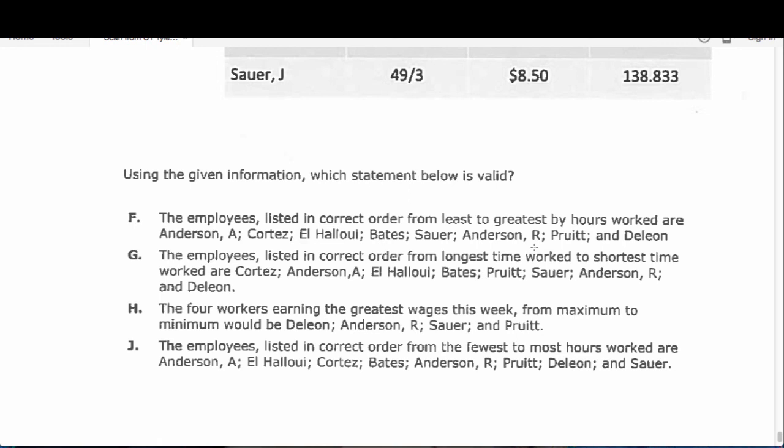H. The 4 workers earning the greatest wages this week from maximum to minimum would be DeLeon, Anderson R., Sawyer, and Pruitt. J. The employees listed in correct order from the fewest to most hours worked are Anderson A., El Haloui, Cortez, Bates, Anderson R., Pruitt, DeLeon, and Sawyer.